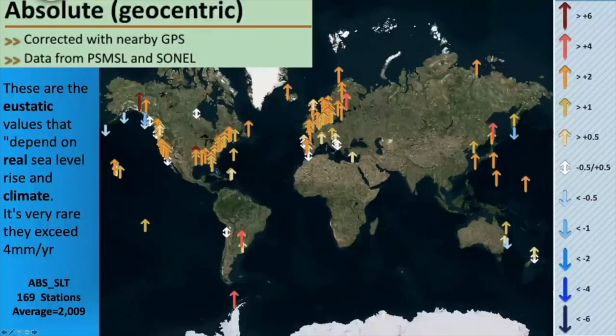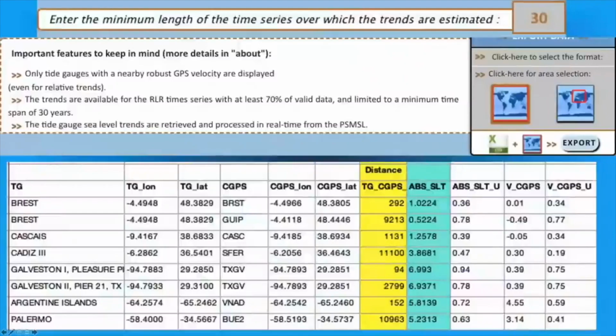This is true. So you have 4 or 5 places where the absolute sea level rise is more than 4 millimeters, sorry, and most of them are in these mild areas.